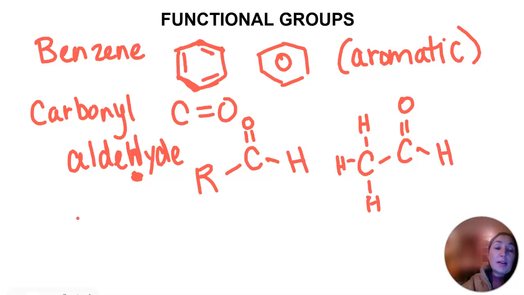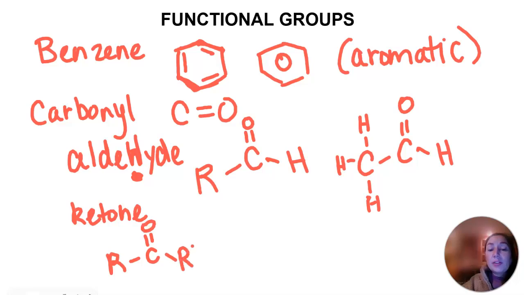You could have a ketone. In a ketone, you could have an R group and then a C=O, and then you could have a matching R or a different R. And I like to think of that as a key between those carbon chains, even though ketone is not spelled with a Y. And then you could have a carboxylic acid.